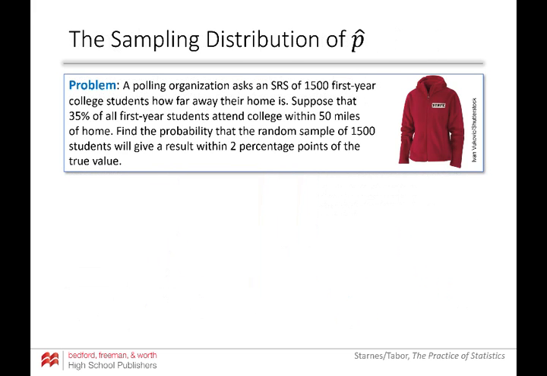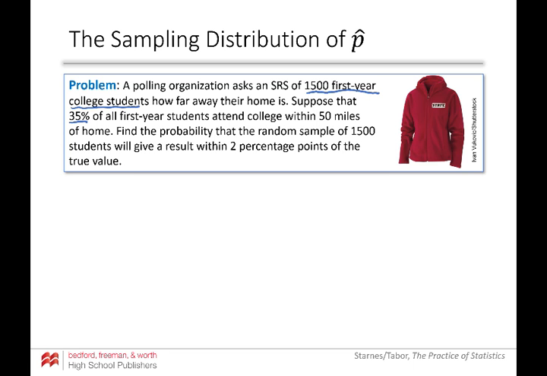All right, so let's take a look at an example. A polling organization asks a simple random sample of 1,500 first-year college students how far away their home is. Suppose that 35% of all first-year students attend college within 50 miles of their home. Find the probability that the random sample of 1,500 students will give a result within 2 percentage points of the true value.